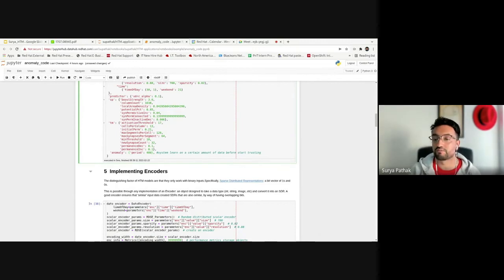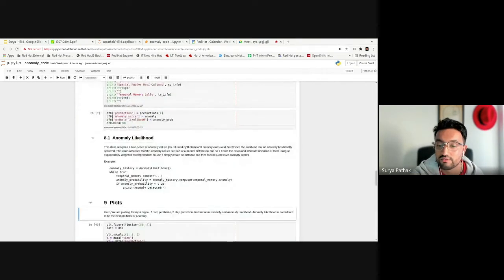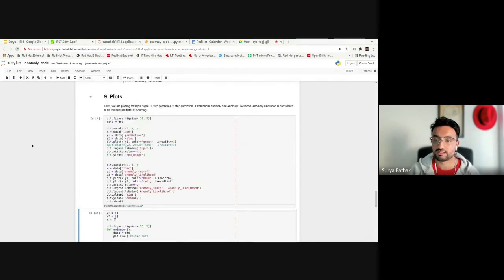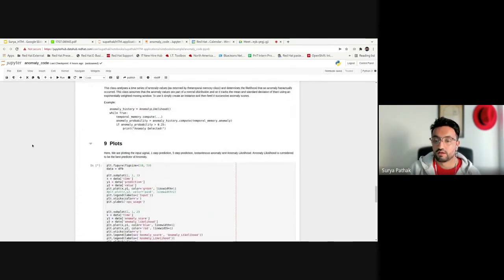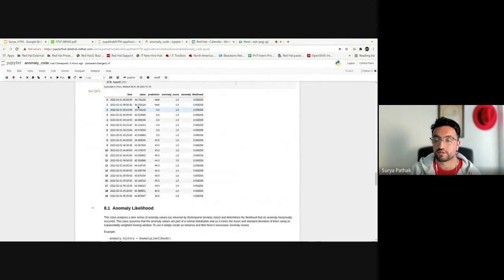I've increased the number of periods by 400 so that the system can learn more. So if I go to my plot again, what I'll see is here. You can also see this table.